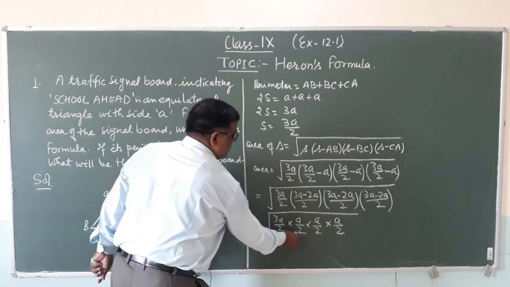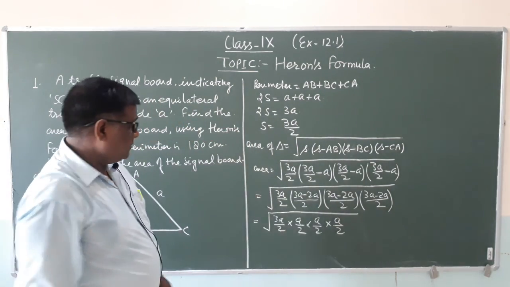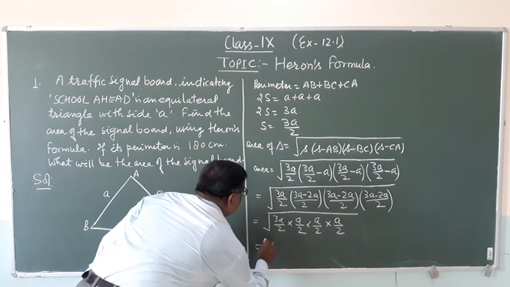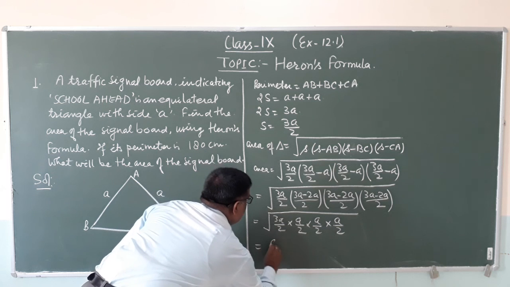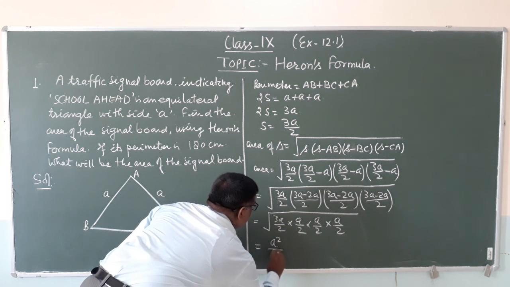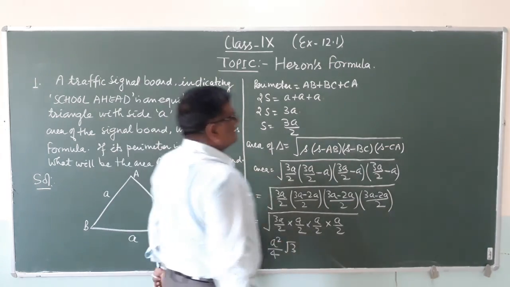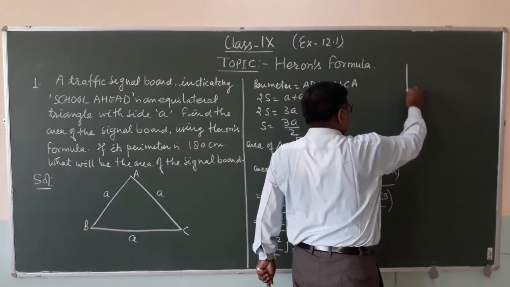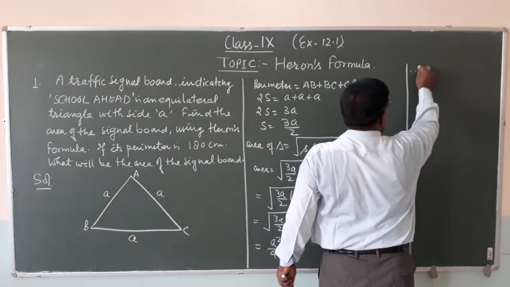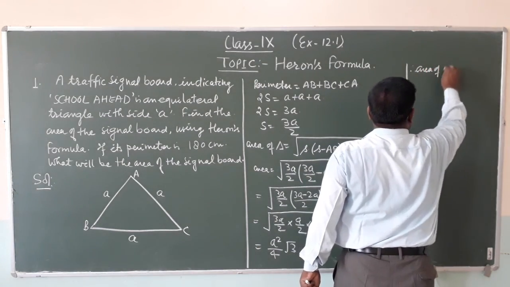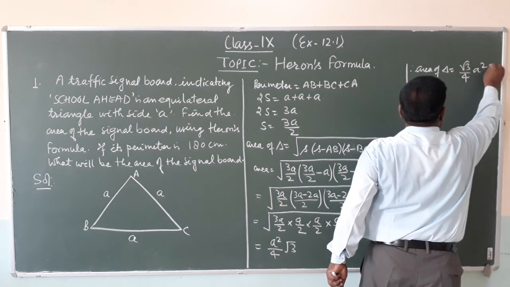Now 2 times 2 is 4, 4 times 2 is 8, 8 times 2 is 16, and the square root of 16 is 4, and the A becomes A power 4. So we get A square upon 4 into root 3. Therefore the area of the triangle is equal to root 3 upon 4 A square.